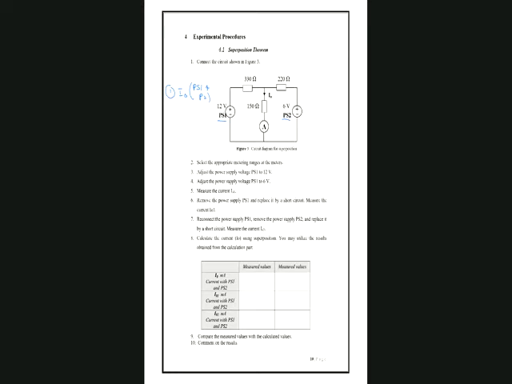Then second step, we'll find out I01 due to only one power source, PS1. Then what about PS2? It will be short circuited. The third step is we will find out I02 due to power source 2 only, in which PS1 will be short circuited.